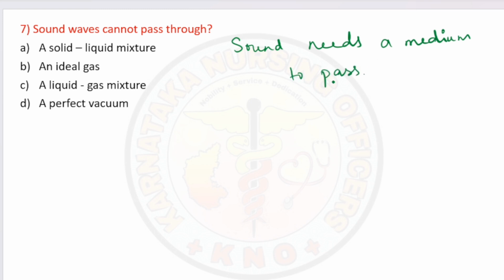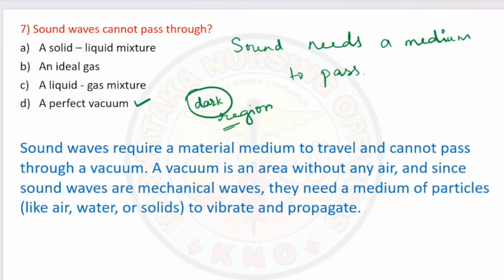If there is no medium, it cannot pass. So option D is the correct answer, because in a vacuum there are no particles present. Vacuum means empty space. Hence, sound waves cannot pass through a perfect vacuum. Sound waves require a material medium to travel.